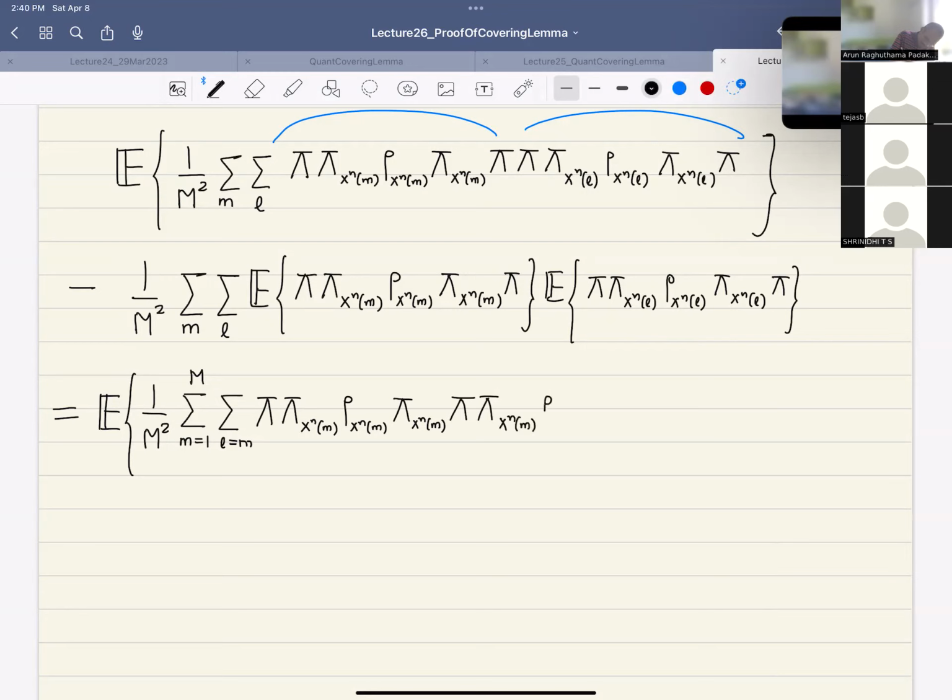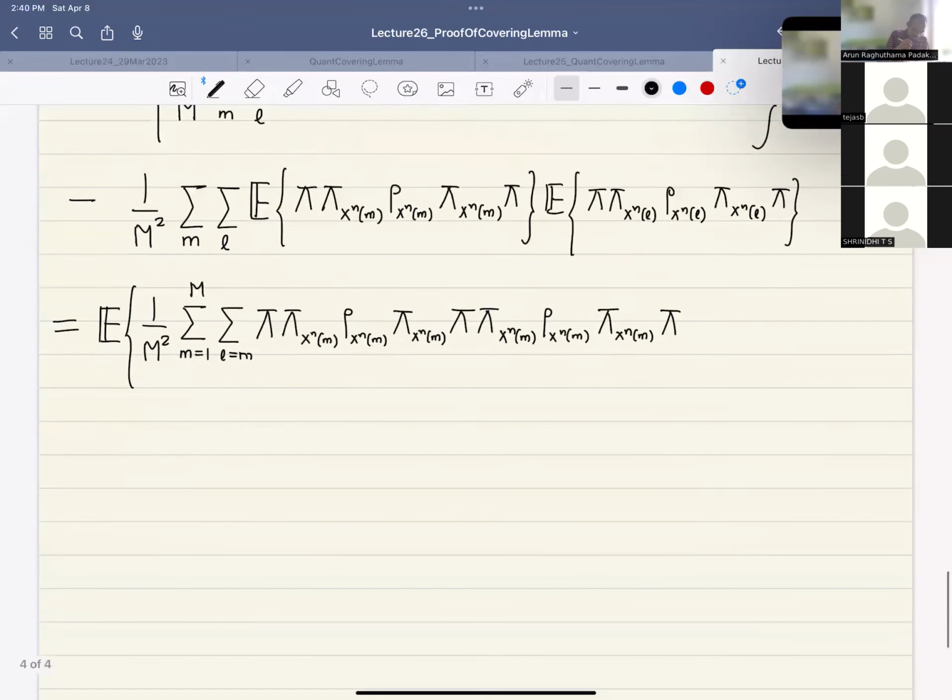I'm just writing it so that I'll go slowly. If I just do a copy paste, I'll go very fast, and then you will feel a little down. So that's why I'm writing it multiple times, so you can slowly see it. Plus the cross terms, m equal to 1 through capital M, L not equal to M. Really, this summation is trivial, but I'm writing it because I want you to see it. I mean, there's no summation there.